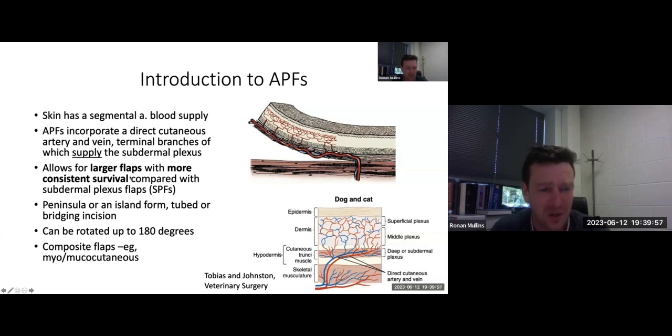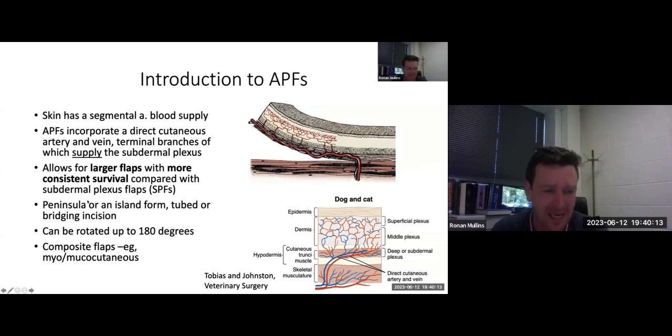So as a result, the axial pattern flaps, including a direct cutaneous artery and vein, allow for them to be much larger, as I said, in comparison to the subdermal plexus flaps, which are typically smaller.